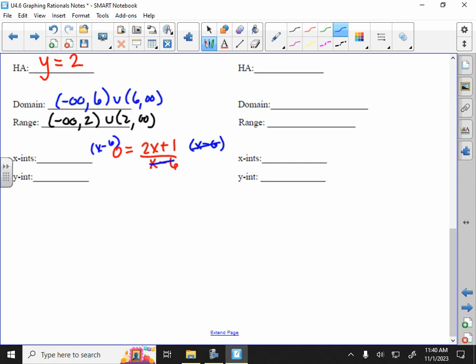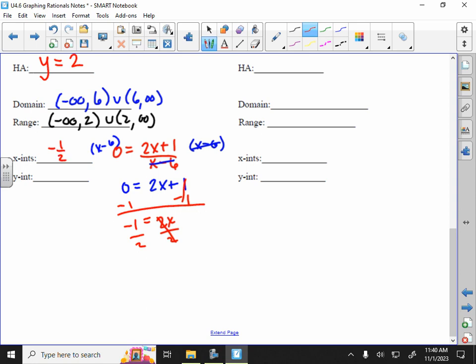So this cancels. Now, when we multiply 0 times x minus 6, we should know that 0 times anything is just going to be 0. And then to get x by itself, we can subtract 1 over. 0 minus 1 is negative 1, divided by 2. So we get x equals negative 1/2. So the x-intercept is negative 1/2.